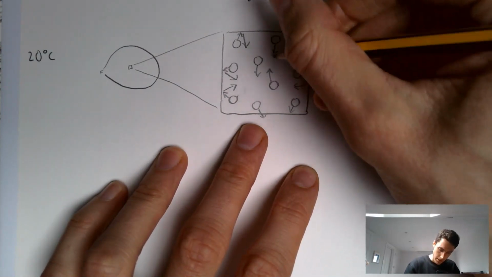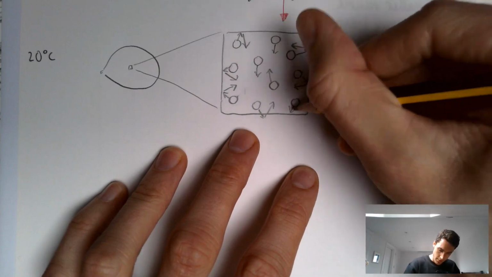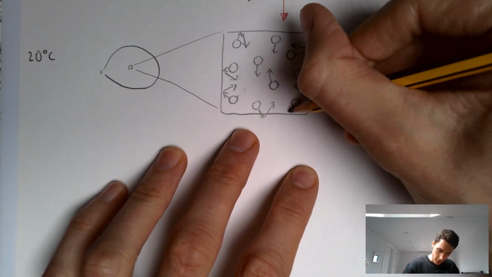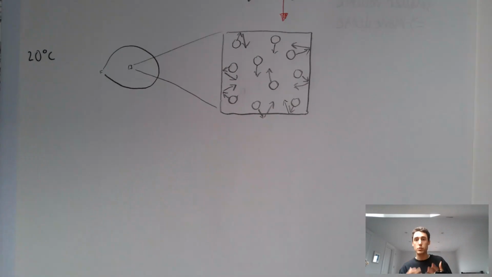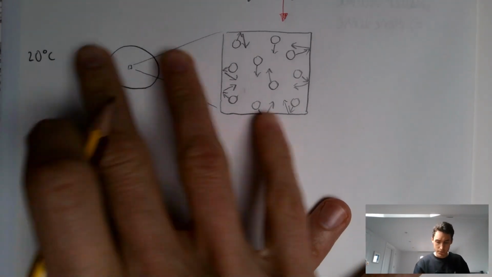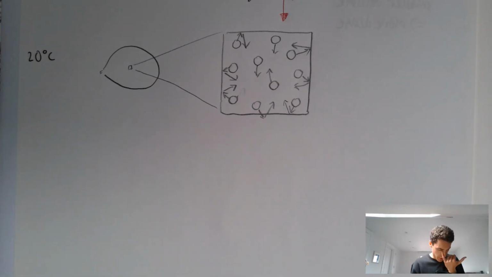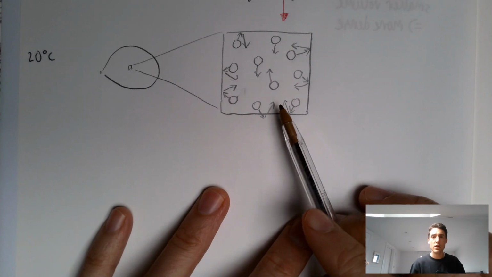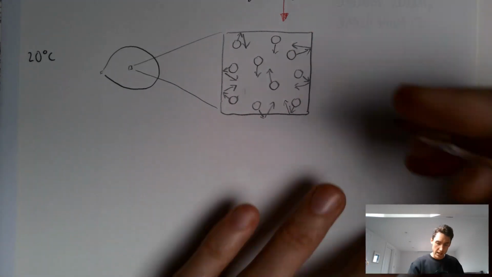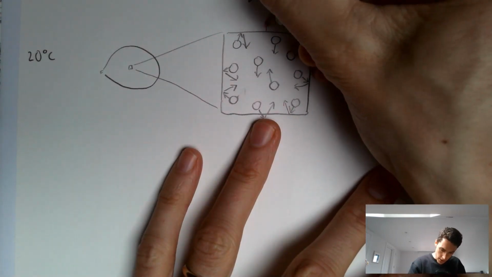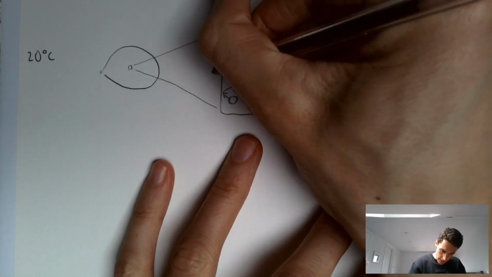And actually, now I think about this, maybe you don't want to show all the particles bouncing off the walls, because you want to show later that when there's the higher temperature, you're going to get those more frequent collisions. But anyway, what I want to illustrate here is, because they're moving quite slowly, you don't get as many collisions every second. So what you've got is quite a small force here, like this.